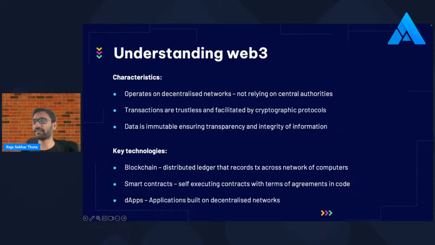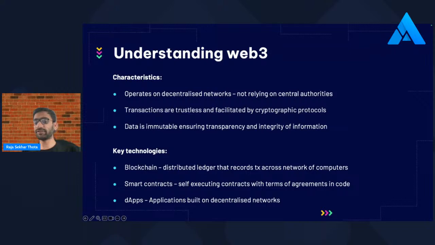If you look at the characteristics, they purely operate on decentralized networks. That means the network is not under the control of someone, but is controlled by the users who are part of these communities. Secondly, this removes the reliance on central authorities. Transactions are trustless, but carried out with the help of preset protocols.